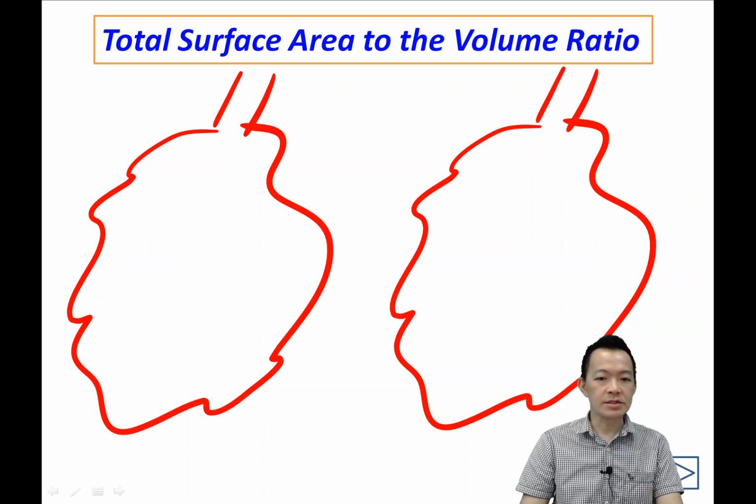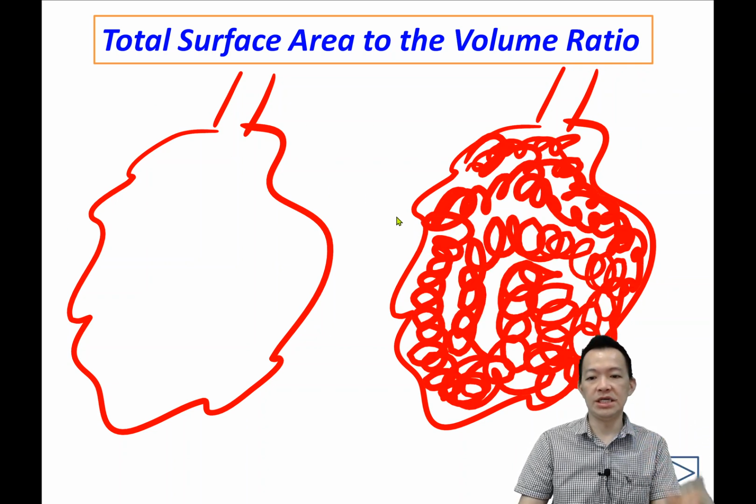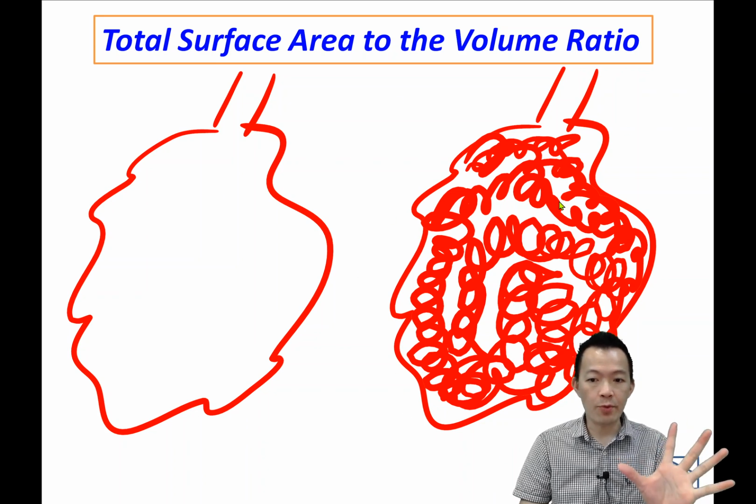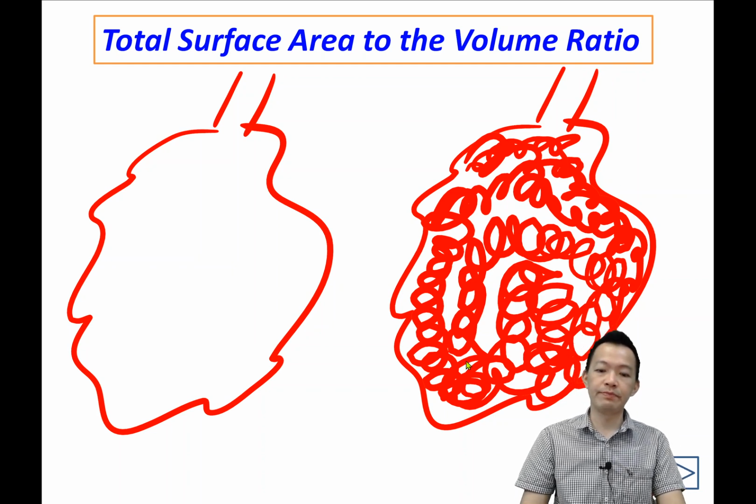OK, so what is meant by increase the total surface area to the volume ratio? So this is our lung, 我们的肺. OK, so for the human lung we have this volume, 我们的肺呢是这样大力. Okay, but beside the surface here, actually we have a lot of alveoli to increase the surface area. So with the same volume, 在同样的体积之下, the total surface area becomes more. 它总共的表面呢会变成比较多.